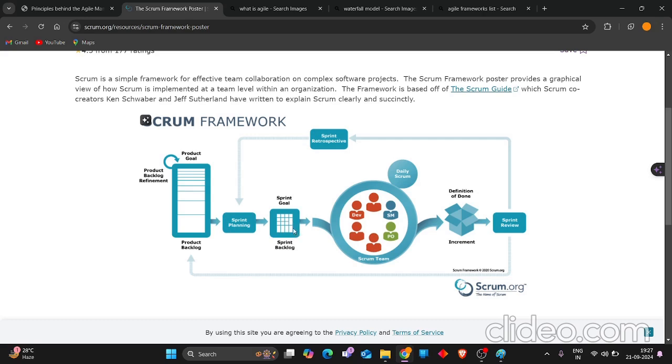After sprint backlog, there is a Scrum team. Wait, I will show you by drawing. Scrum team consists of, first, a product owner.